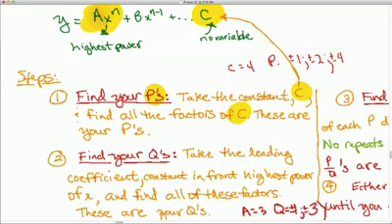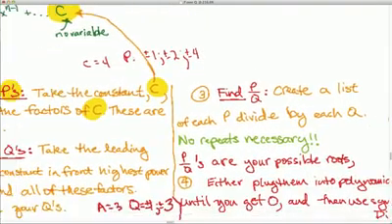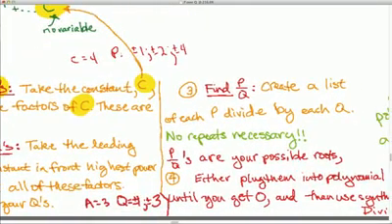So then what you do is you create a list of P over Q, and you don't need any repeats. In this case, all of P over Q would equal all the numbers in P: 1, 2, and 4. When you do P over Q, when Q is 1, that's when you get all your P terms.